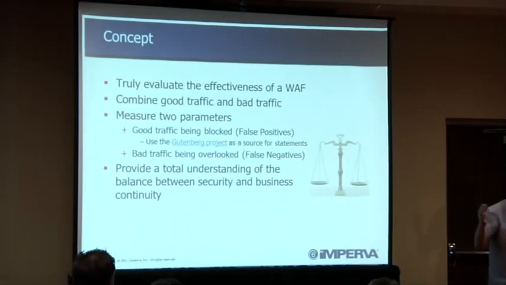So we took pieces from the Bible and War and Peace and whatever. And then bad traffic being overlooked, those are false negatives, actually, which attacks are not detected by the web application firewall. And the total effectiveness is determined by looking at the balance between those two parameters.